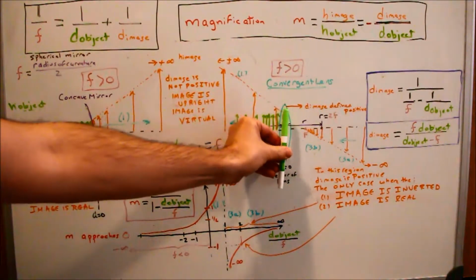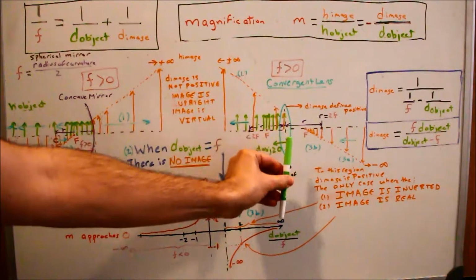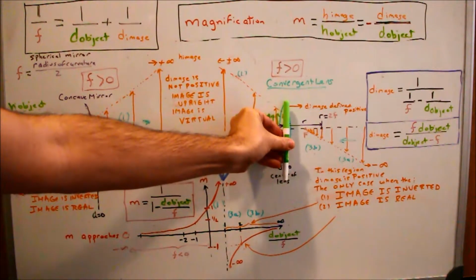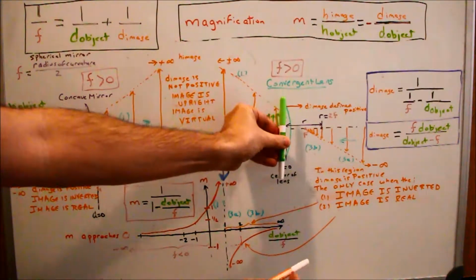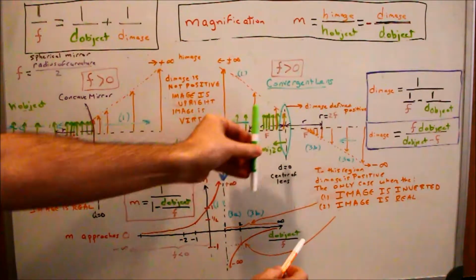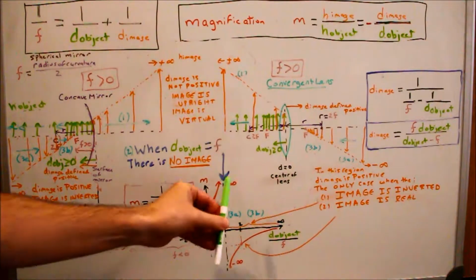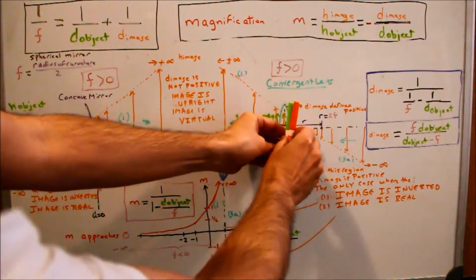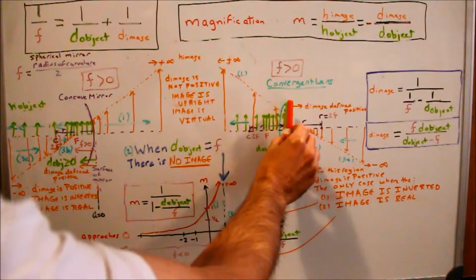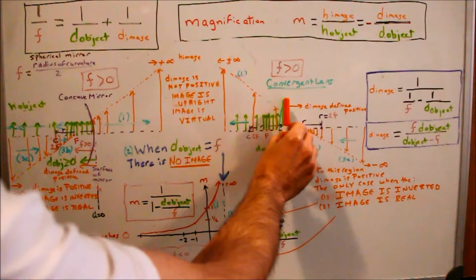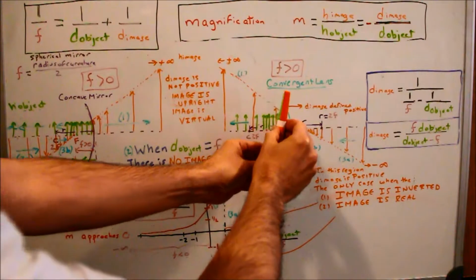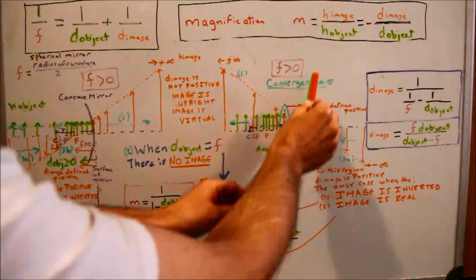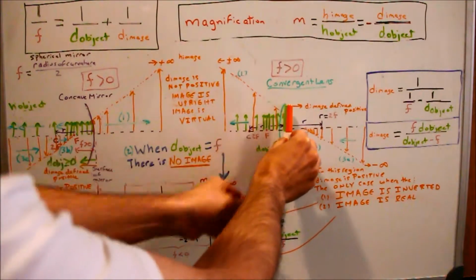So now back to this lens, if I have an object which is right on the center, the distance of the object is 0, so the ratio of the distance of the object to the focal length is also 0. It turns out that the image will also appear at 0, and the magnification factor will be 1. The height of the image will be the same as the height of the object.